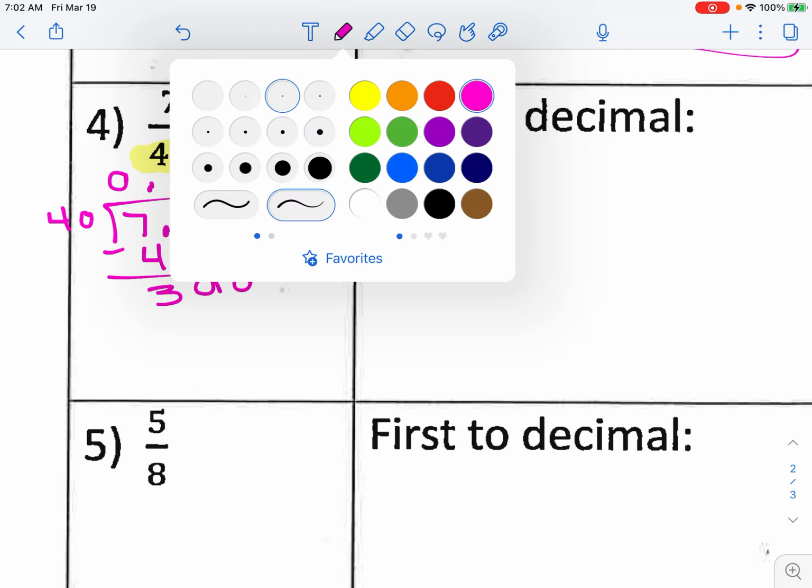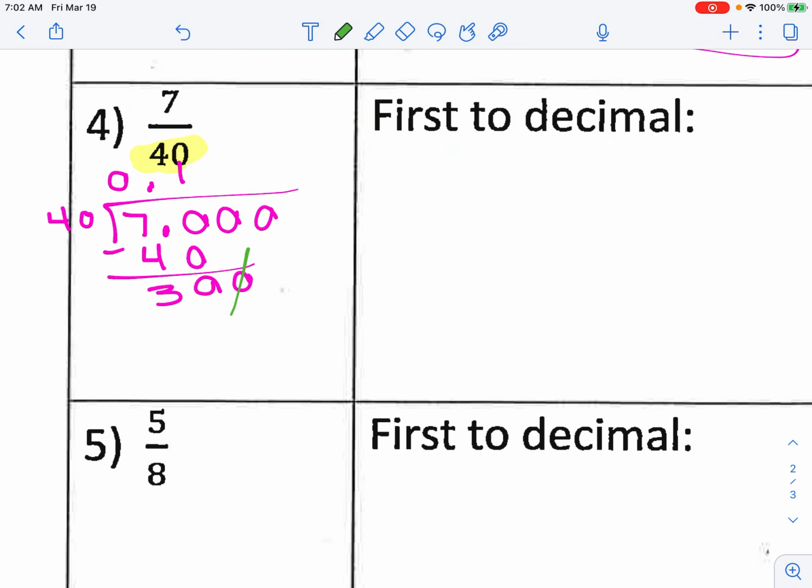Remember, you can drop a number. Look at your 4 and your 30. How many times can 4 go into 30? Well, 4 times 7 is 28, so 40 times 7 is 280. You subtract and get 20. Drop that last 0.